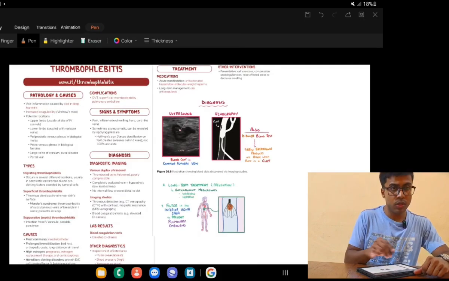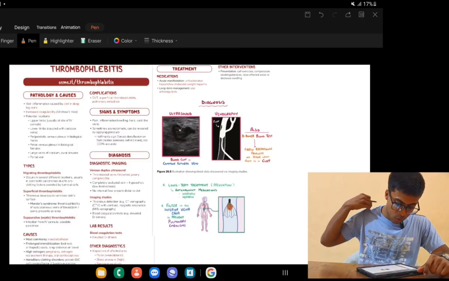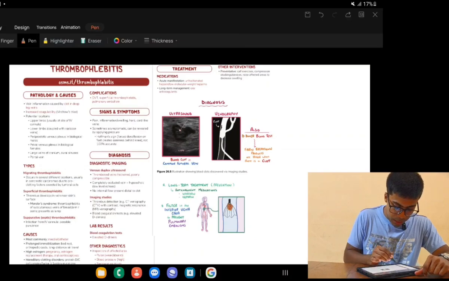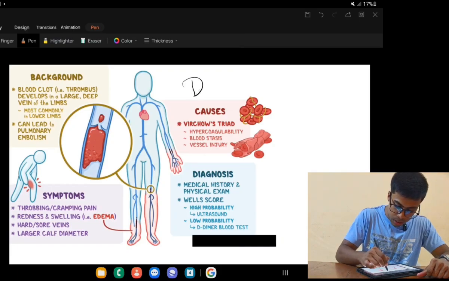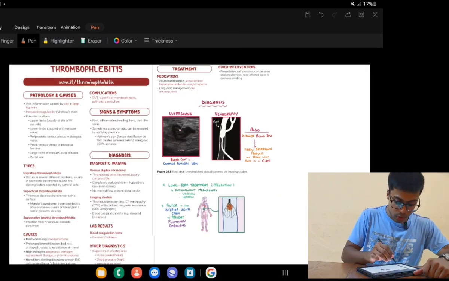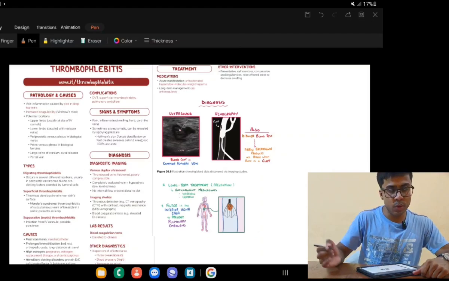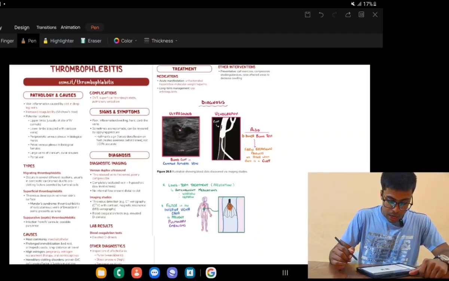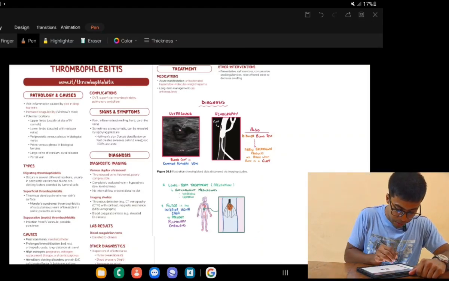Then we have a few slides I want to share. Thrombophlebitis, then DVT, then varicose. Why I want to share them at once is because thrombophlebitis will eventually lead to DVT.